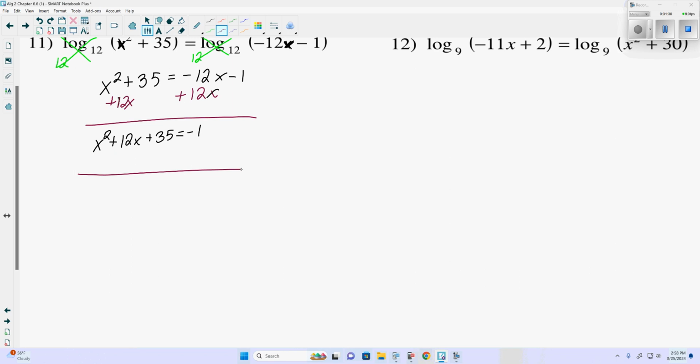And then we would indeed add 1 to both sides, telling us that we have x squared plus 12x plus 36 is equal to 0. Questions on this here?